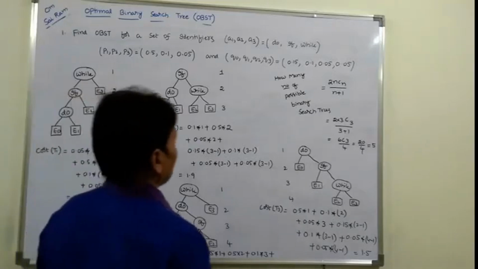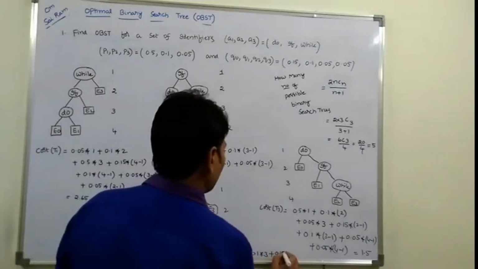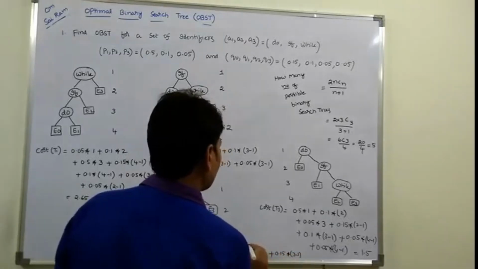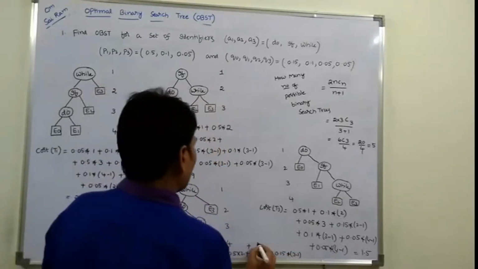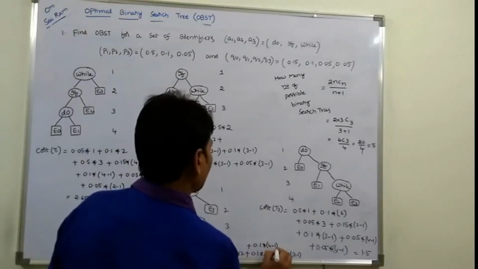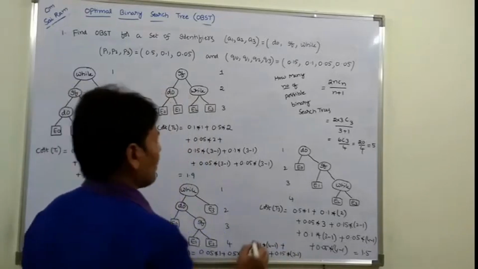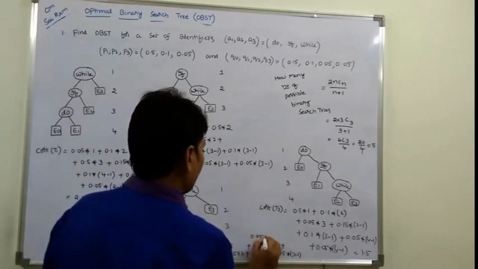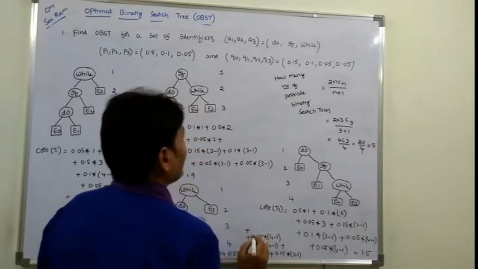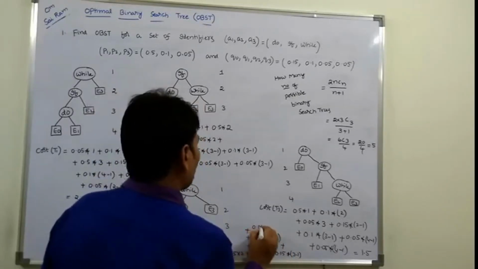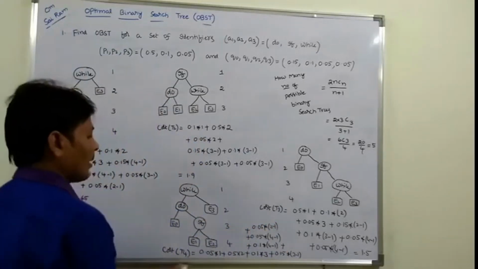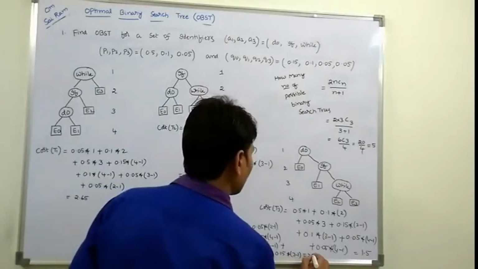E0 probability is 0.15 is at third level, 3 minus 1 plus next E1 probability is 0.1 is multiplied with 4 minus 1 plus E2 probability is 0.05 is multiplied with 4 minus 1 plus E3 probability is 0.05 into 2 minus 1. So the cost is 2.15.